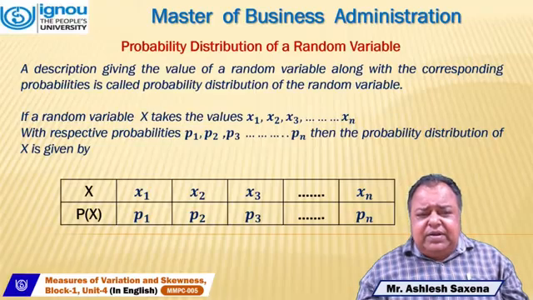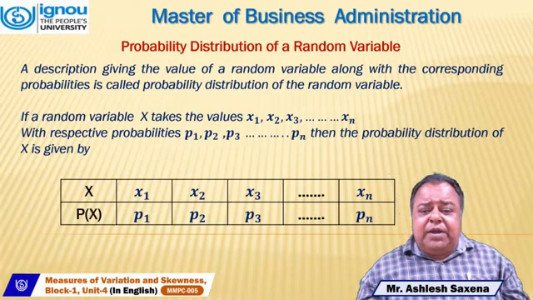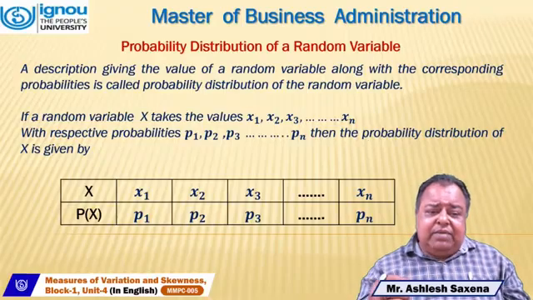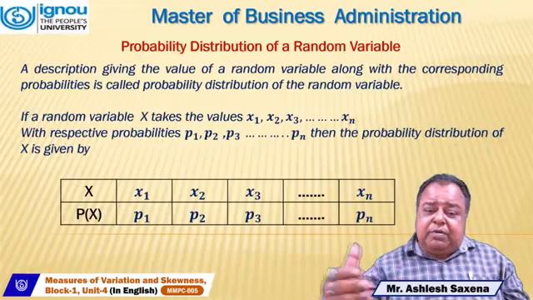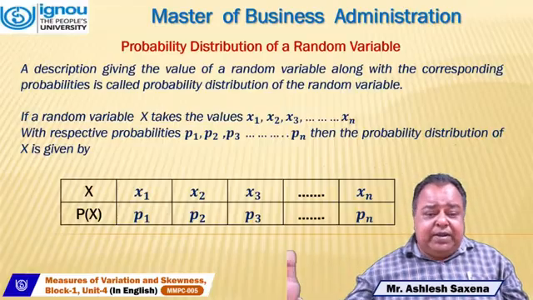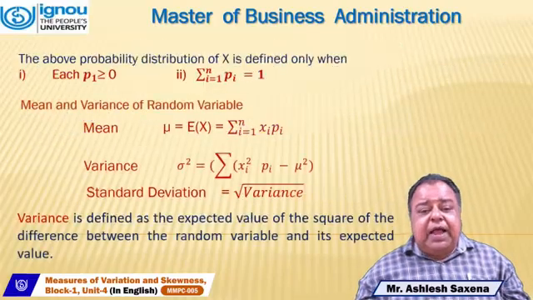A description giving the values of a random variable along with corresponding probabilities is called the probability distribution of the random variable. You can see here, the random variable x takes the values x1, x2 till xn, and the respective probabilities will be p1, p2 till pn. Mathematically, it is written like this.